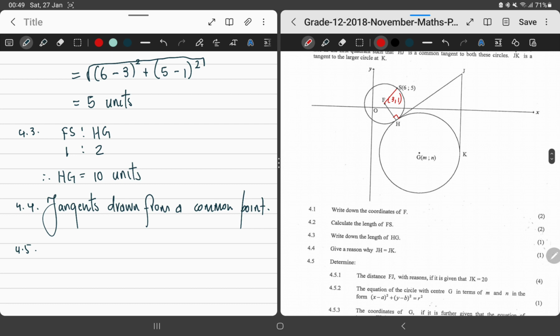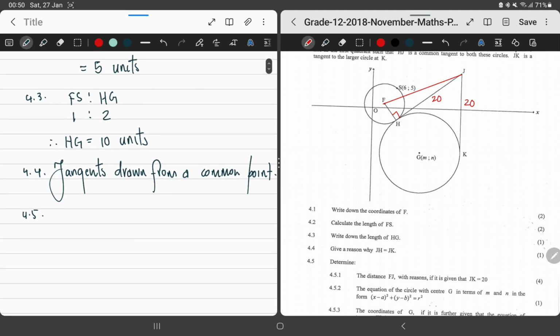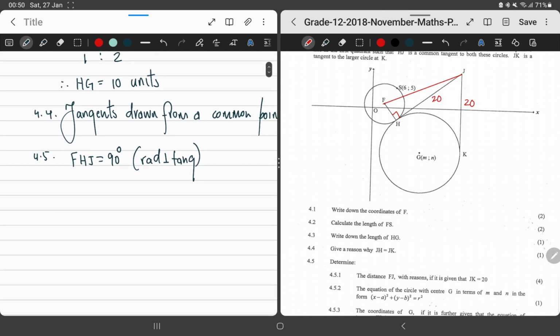4.5.1. They want the distance FJ with reasons if it is given that JK is equal to 20. This is equal to 20. It means that JH is equal to 20 as well. I know that this must be 90 degrees, and I am searching for FJ. FHJ is equal to 90 degrees, because the radius is perpendicular to a tangent.